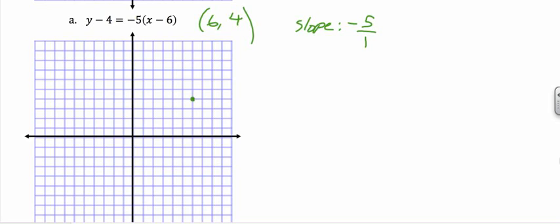So from there, we can go down 5 and right 1, or we could have gone up 5 and left 1. Connect those with a line, put some arrows on the end. That's it for point-slope form. Point-slope form is really not particularly tricky, so hopefully you got that. Hopefully practice stuff goes well.